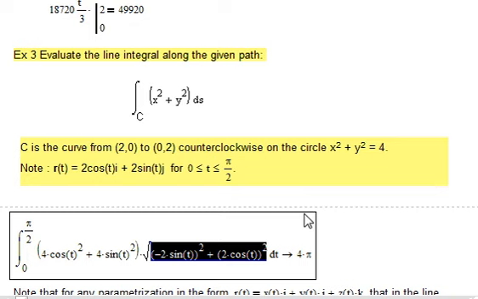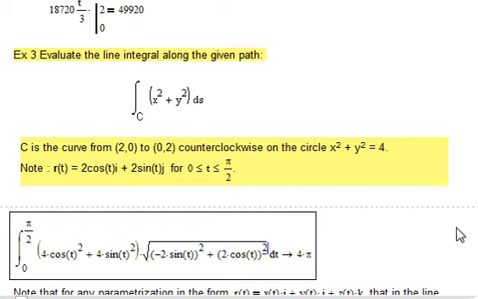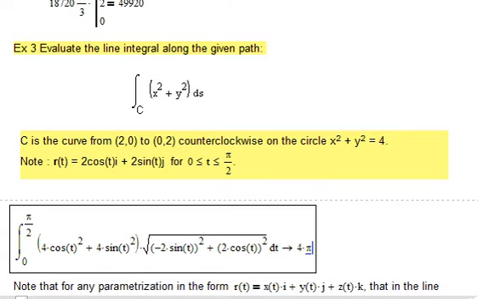In other words, square root of 4, which is 2, my fault. So we got this 4 times this 2, we have 8. And 8 dt. So it's 8t when we integrate, t going from 0 to pi over 2. When you put in 0, you get 0. When you put in pi over 2, you get 8 times pi over 2, which is ultimately 4 pi.